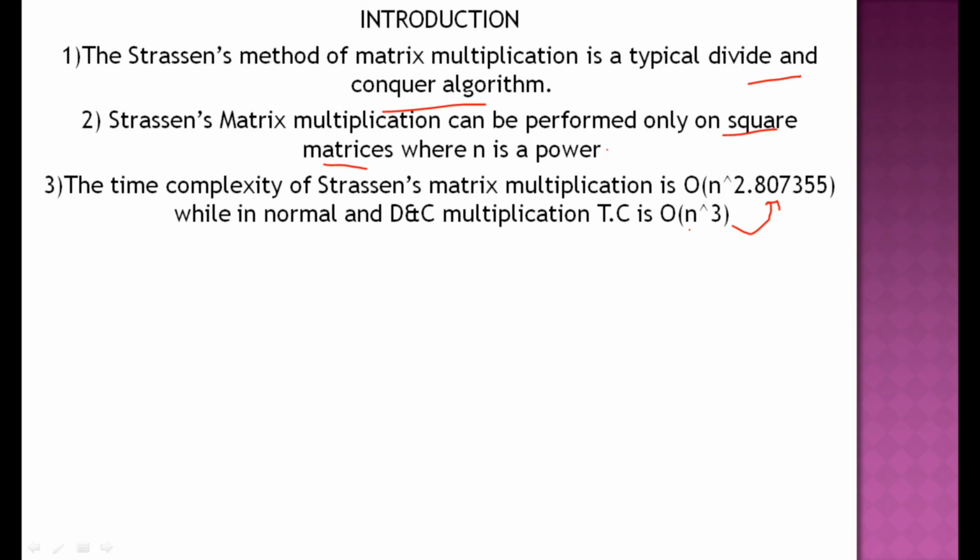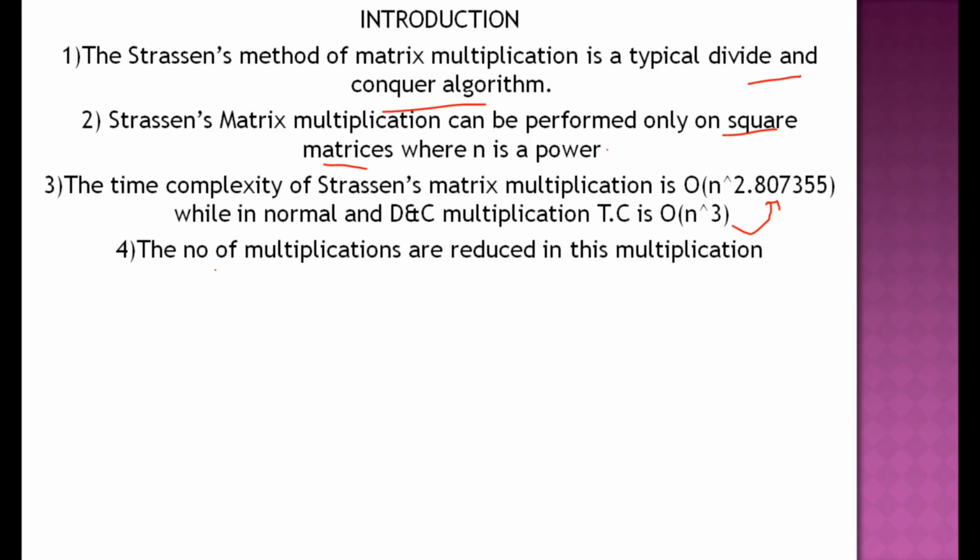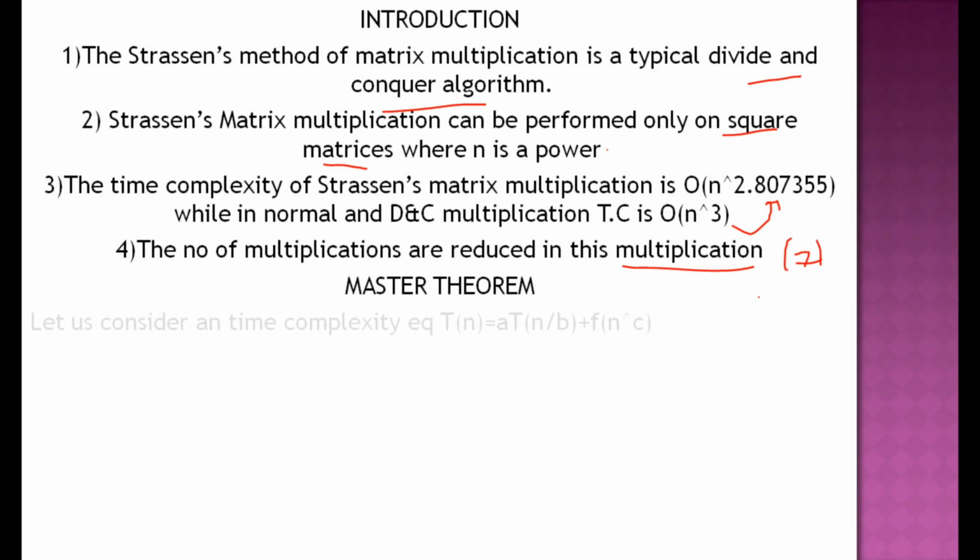So the time complexity of order of n to the power of 3 is reduced to order of n to the power of 2.8. Next, the number of multiplications is reduced in this method. 8 multiplications are done in divide and conquer and the normal method, but here 7 multiplications will be done.